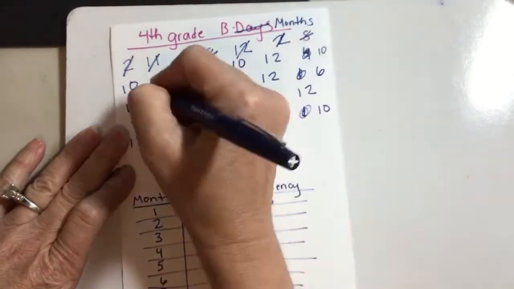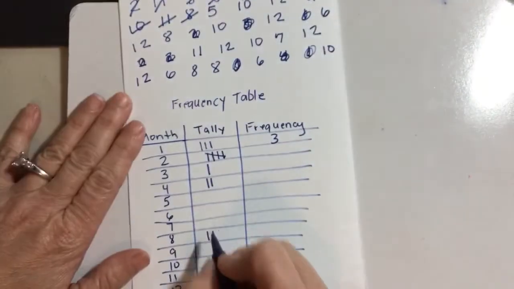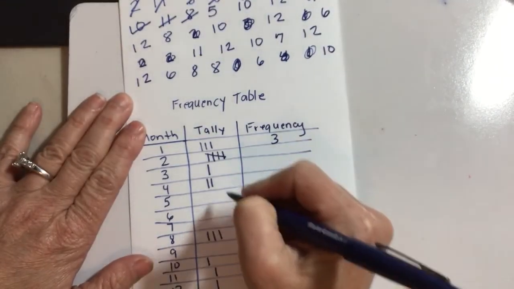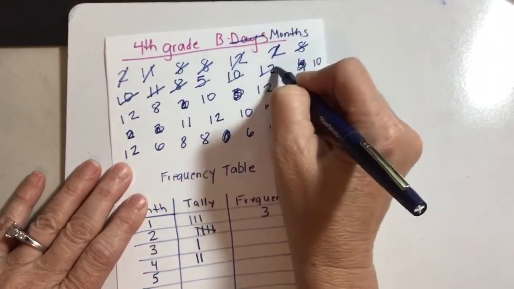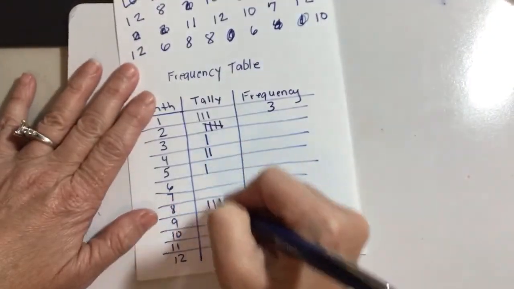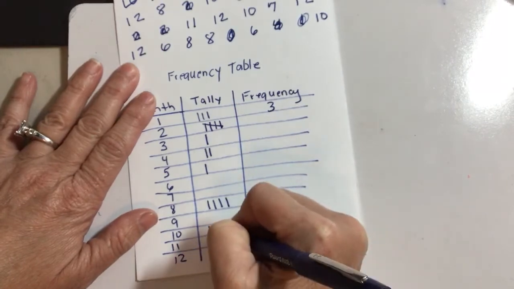I can do, let's see, 8, 10, 11, 8. 5, 10, 12, 10.